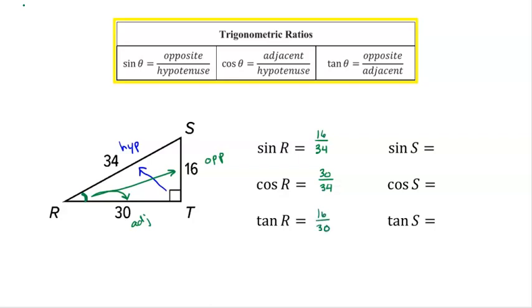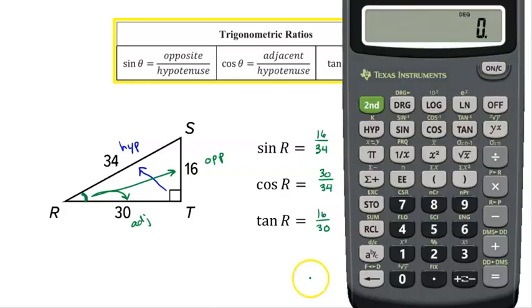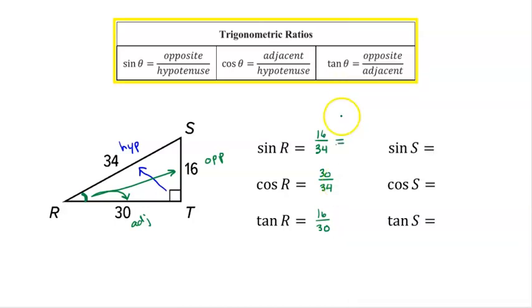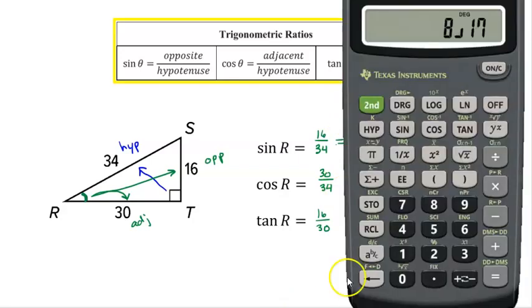And you don't want to forget that you want to simplify these. So we can pull out our calculator, make sure it's all cleared out, and we have 16 divided by 34. Then we do second F to D, and that gives us 8 over 17. You want to do that same thing for the others as well.